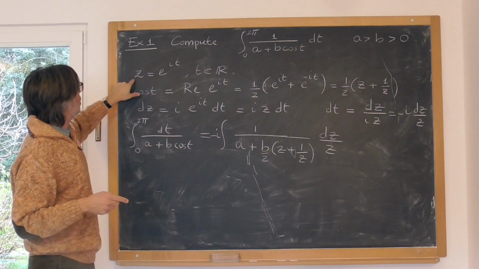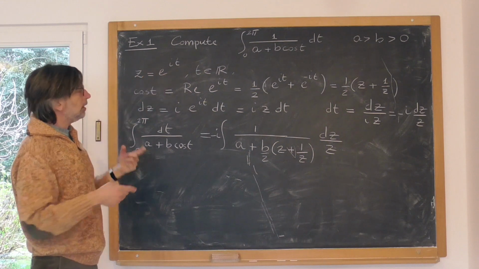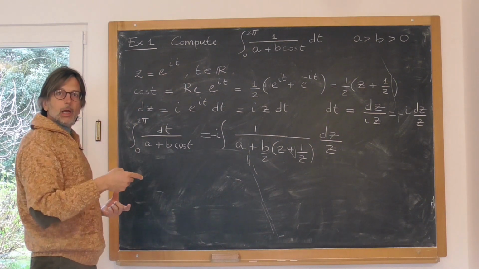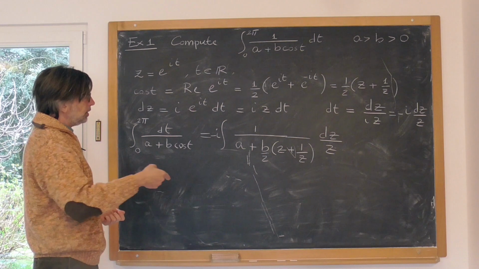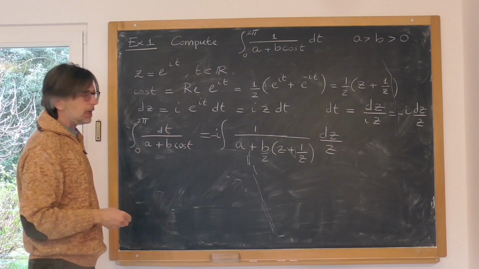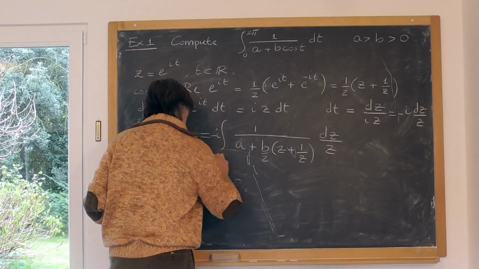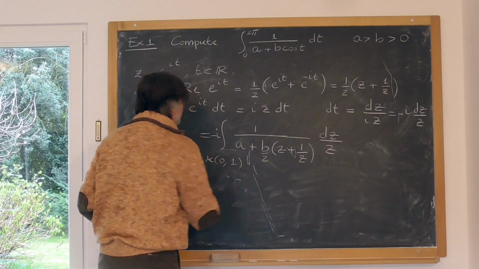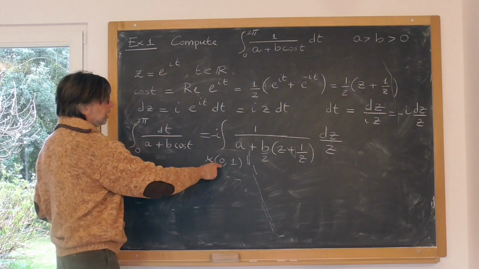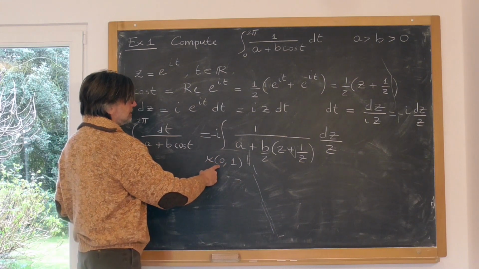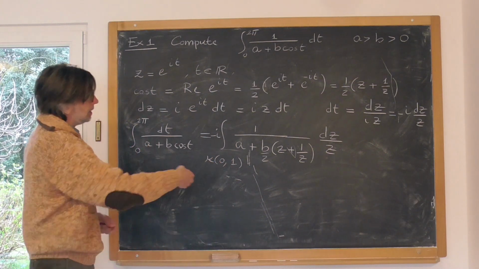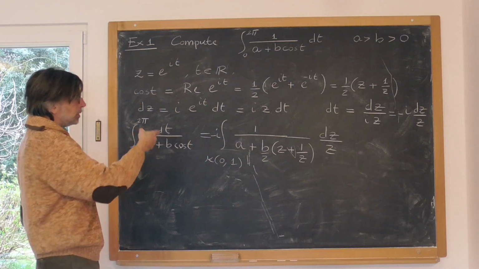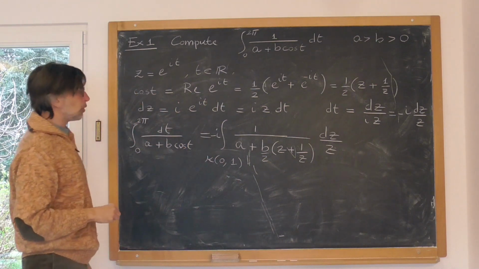This means that now z, e to the it, varies on the unit circle centered at 0. So this is an integral on the contour k01. Okay, so unit circle centered at 0, and on which we run, as usual, counterclockwise.